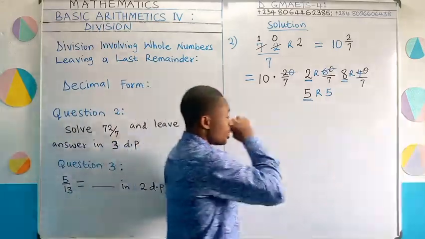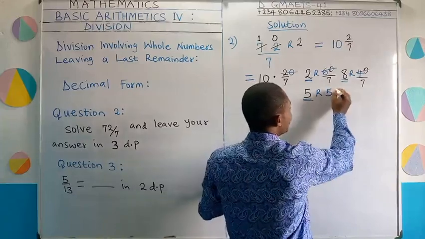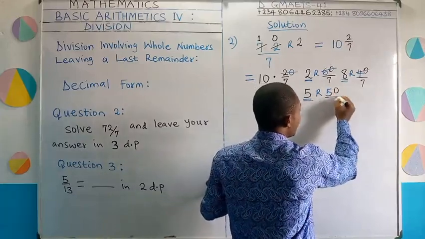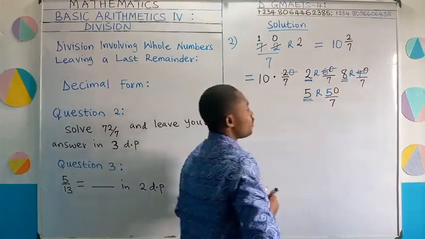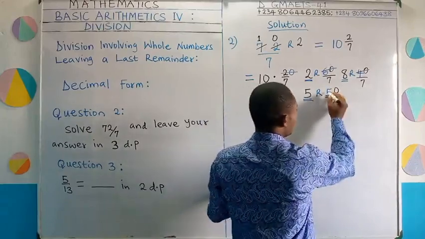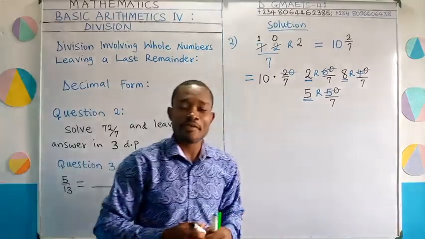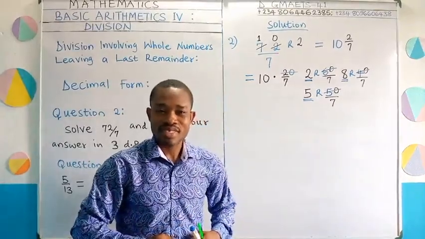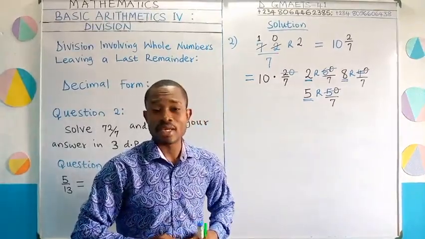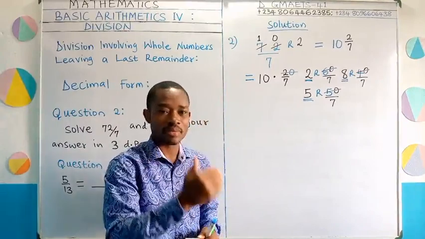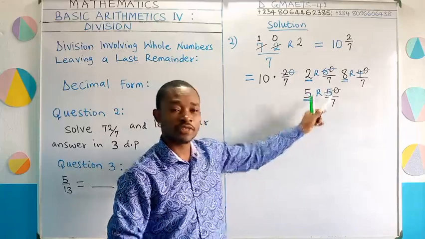So let's do that. This is my remainder 5. I will attach 0 to it and again divide it by 7. If you divide 50 by 7, that will be 7 times, remainder 1. That 7 times is 49, because 7 times 7 is 49. You are dividing 50.